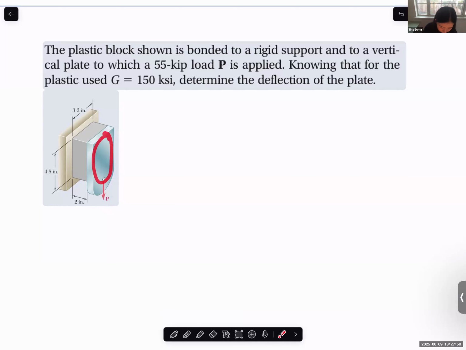We know that this plate itself will not have deformation, right? This is a rigid body support. The only thing that will generate deformation is in this plastic block, and of course the shear modulus of the block is given.